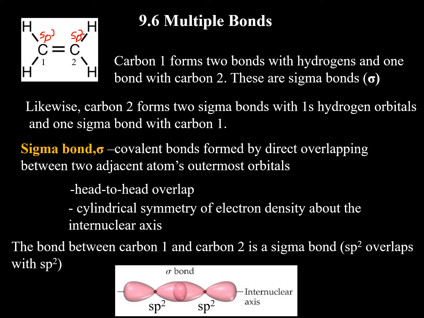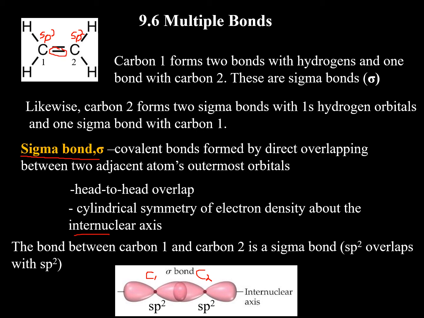But if we just focus on the sp2 hybridized ones, we have something called a sigma bond, which is a covalent bond formed by direct overlapping of 2 adjacent atoms on the internuclear axes. So in this case, if we call this C1, the first carbon, and this the second carbon, there's overlap between the sp2 and the sp2, and we can equate that to this bond right here.